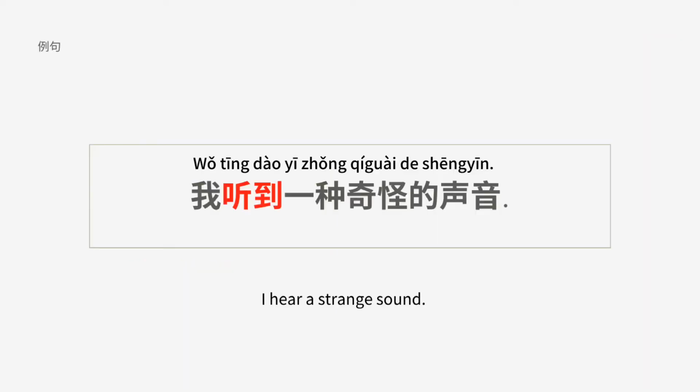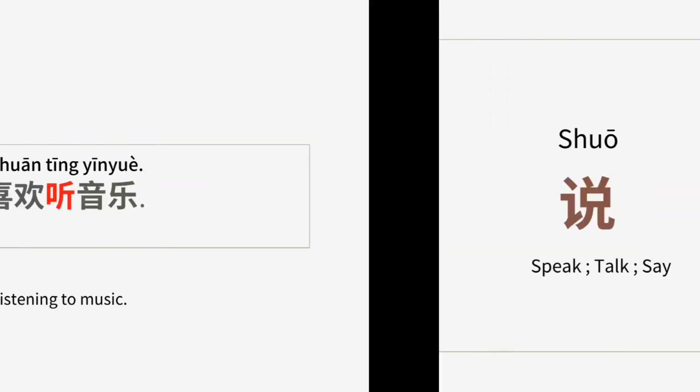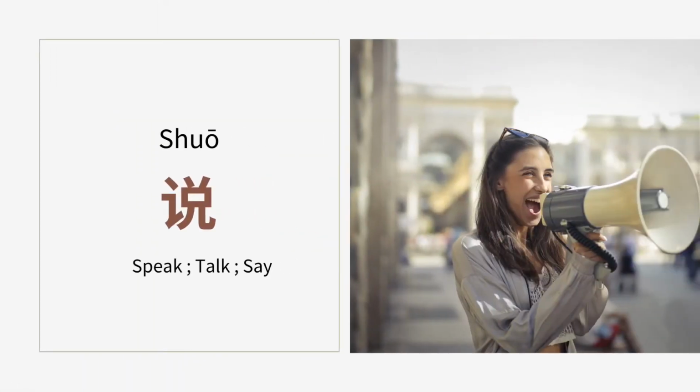Now let's see the example sentence. 我听到一种奇怪的声音. Or you could say 我听见一种奇怪的声音. 我喜欢听音乐. Next verb is speak.